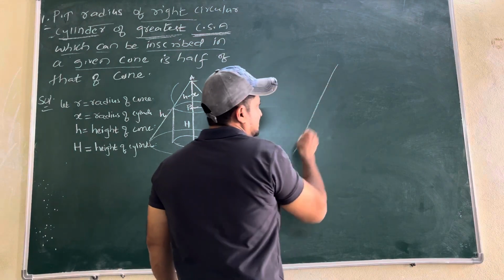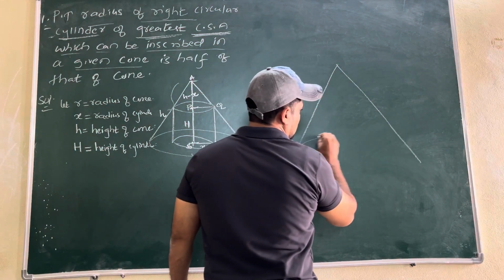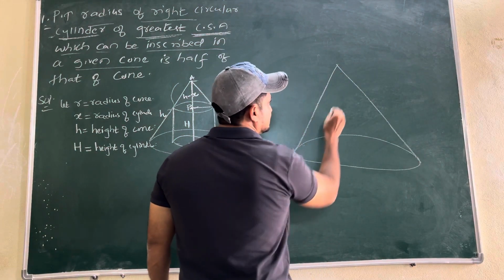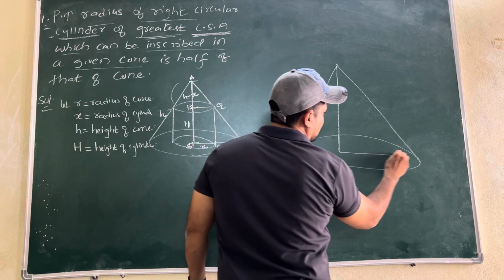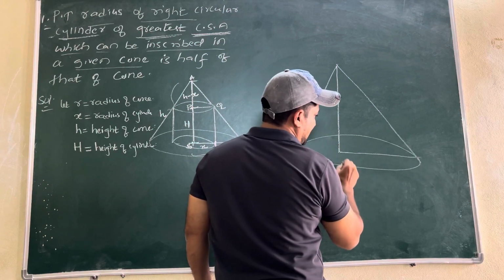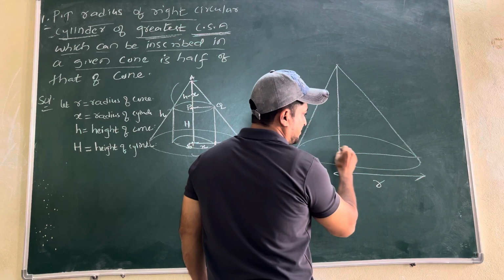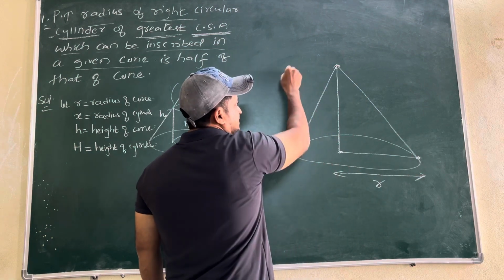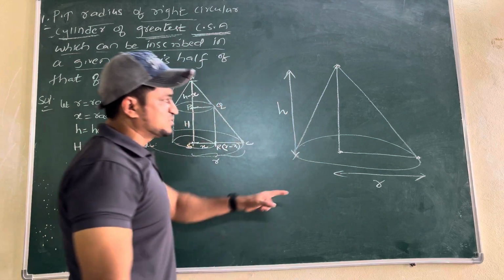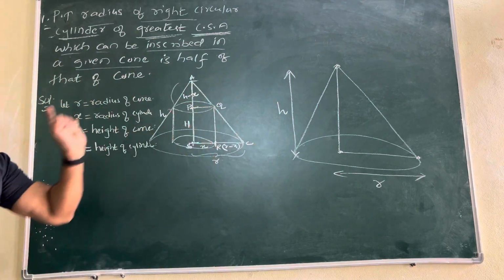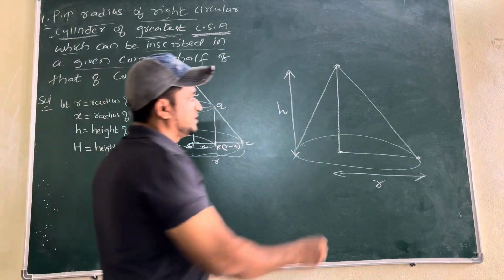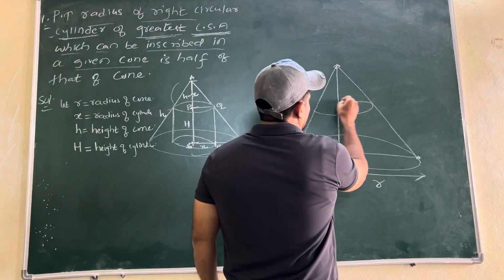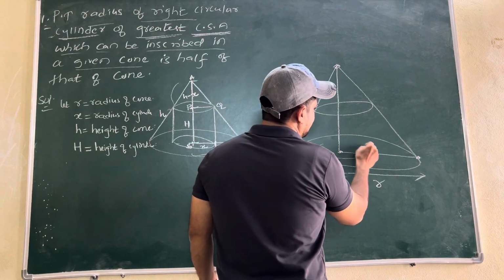So this is the figure which we need to consider. Once again, there is a cone. For that cone, we have this as the radius, small r, from here till here, and from here till here this is the height, small h, for the cone. Then there is one cylinder inscribed in it.